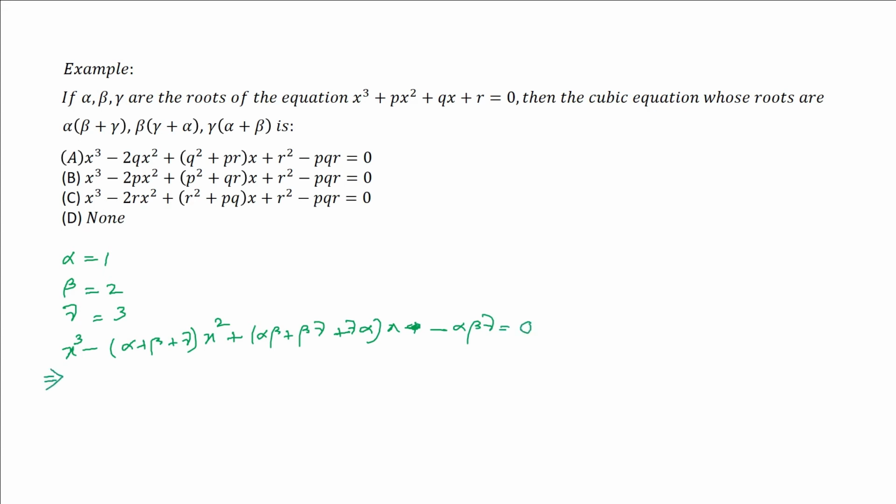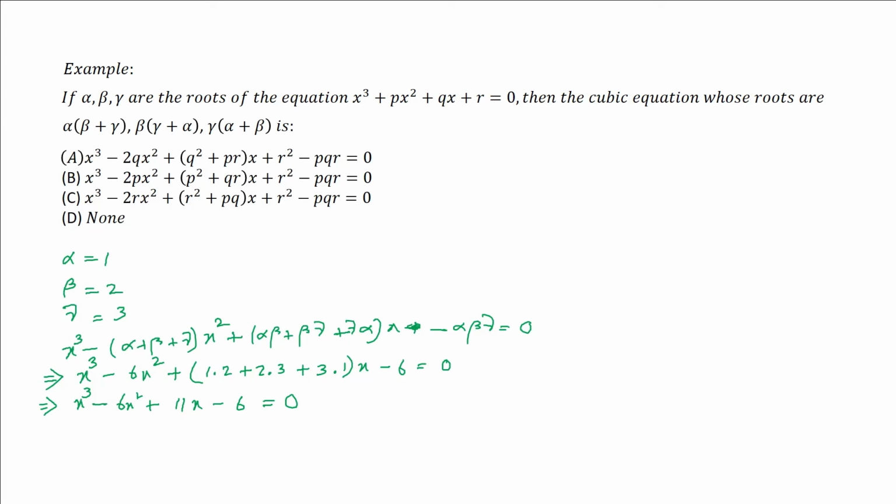So the equation becomes x cube minus 6x square plus (1 into 2 plus 2 into 3 plus 3 into 1) into x minus 6 equal to 0. So you get x cube minus 6x square plus 11x minus 6 equal to 0.